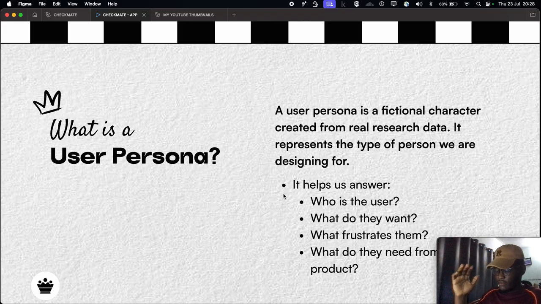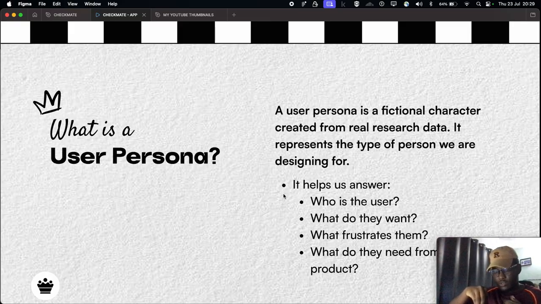Now, after Blessing has seen those responses from Victor, Emmanuel, and myself, she has gone through each and every one of them. What she now does is she creates a user persona. So she can create someone that is fictional, but using the data she got from Victor, Emmanuel, and me.